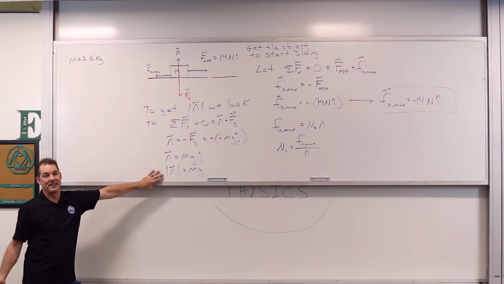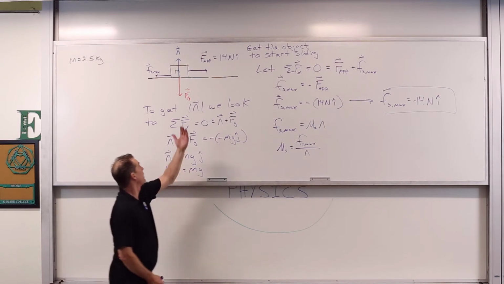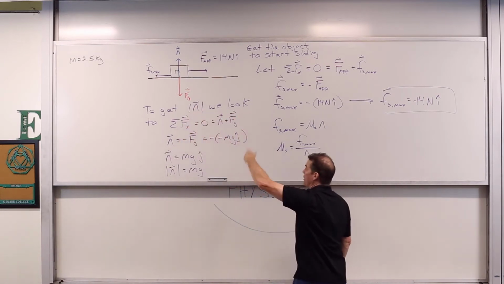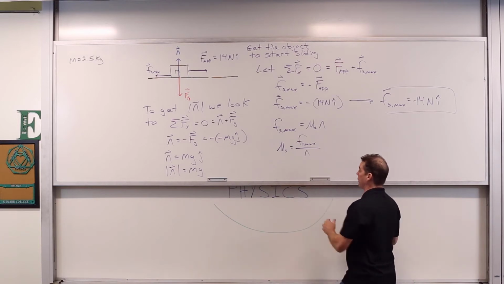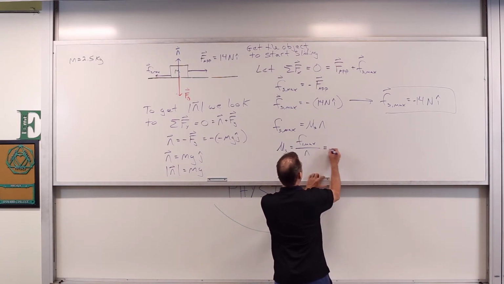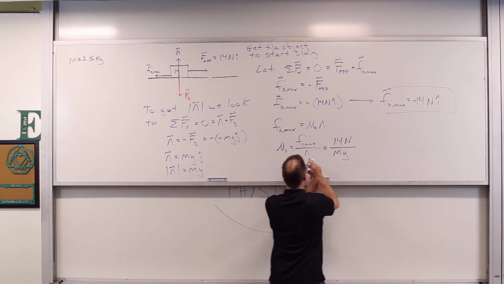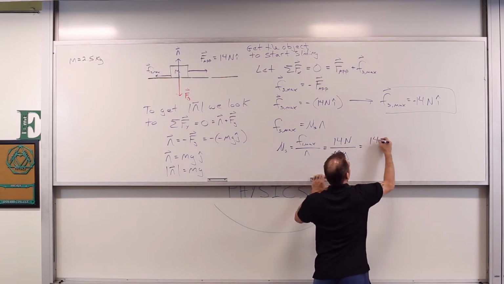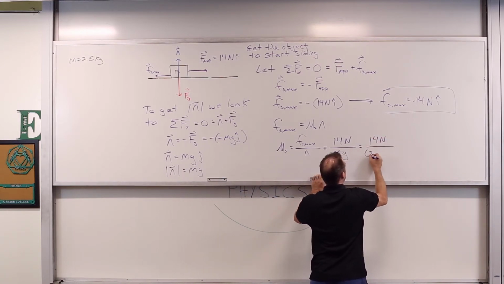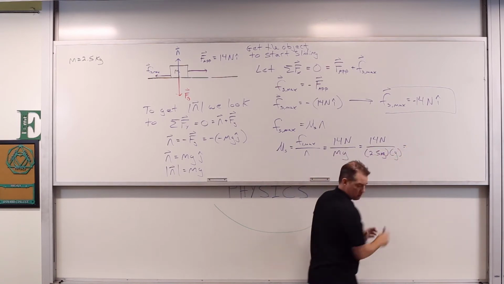This is because nothing else is pushing down on it. It's a horizontal surface, and the only things interacting in the y direction are the normal force and the gravitational force. So in the end, we get 14 newtons divided by mg, because n is just mg in this case, which is then equal to 14 newtons divided by 2.5 kilograms times g.